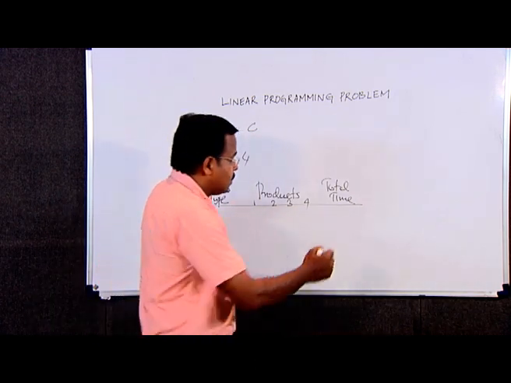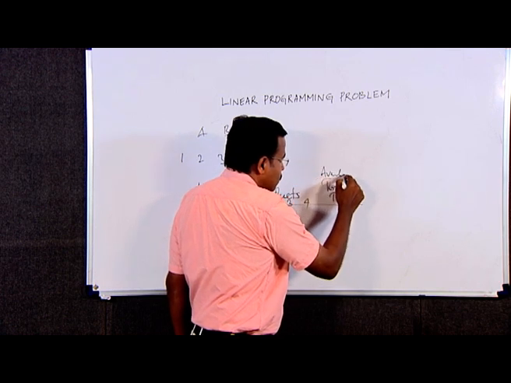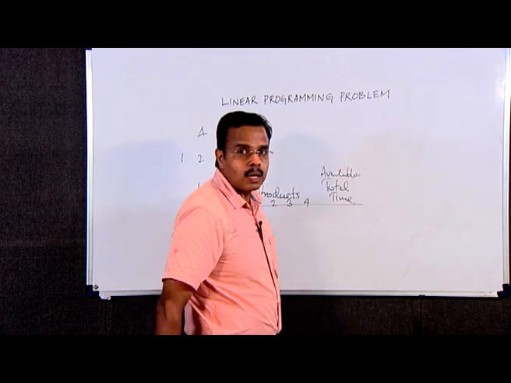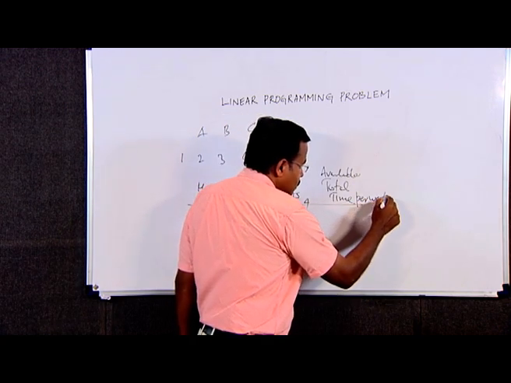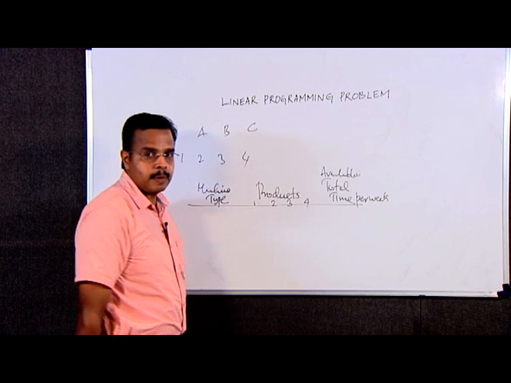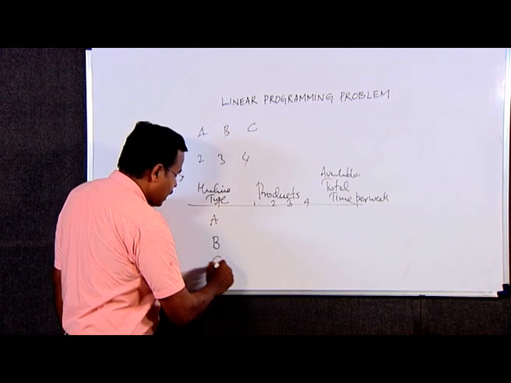Then total time available per week. So, the types of machines are A, B and C.